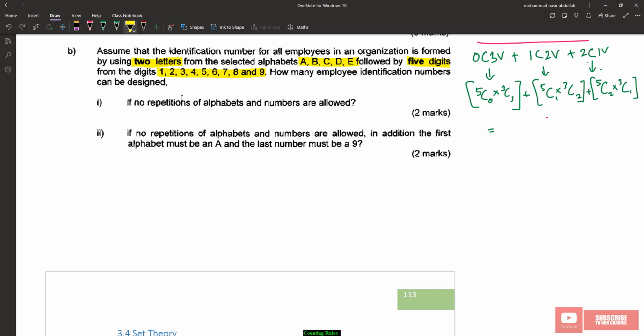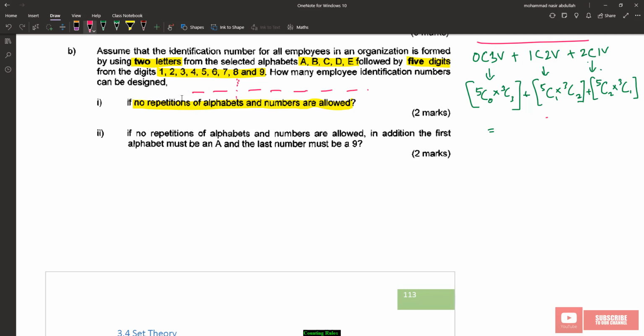How many employee identification number can be designed if no repetition alphabet number are allowed? So maksudnya dia nak design, this is theorem number 1 and 2. 1, 2 is for alphabet, and 1, 2, 3, 4, 5 is for numbers, digit.